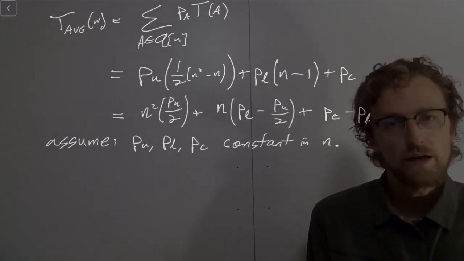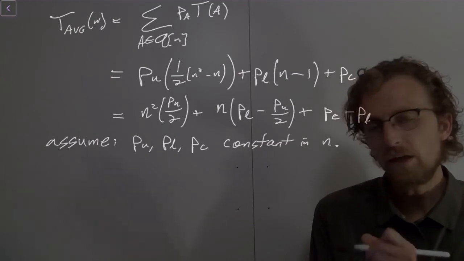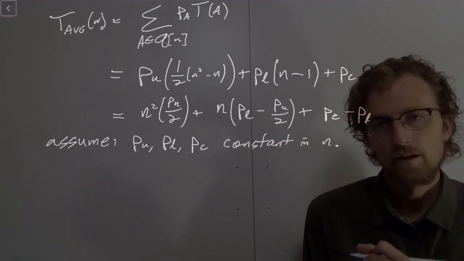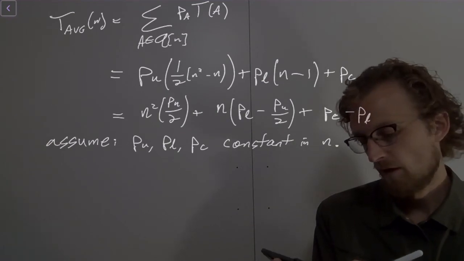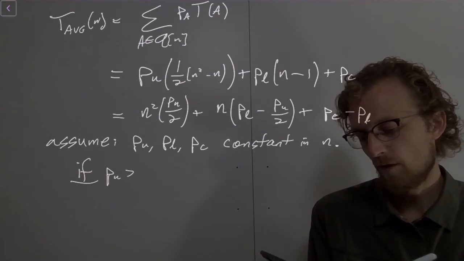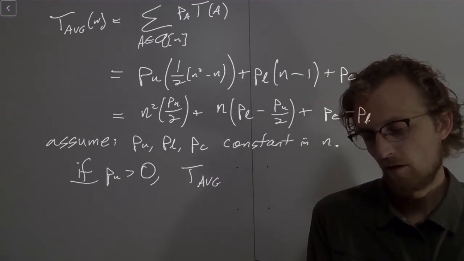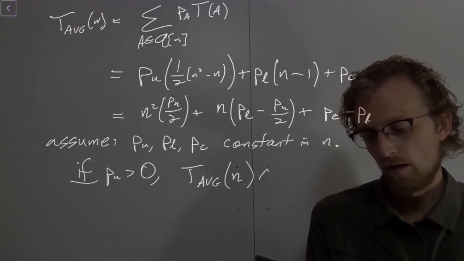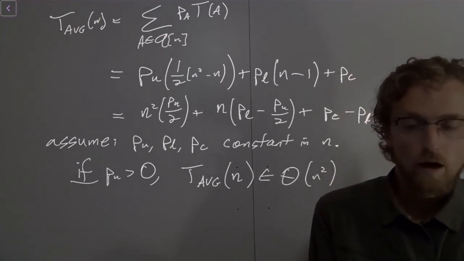Okay, so if I've made that assumption, then what do I get? Well, if PU is greater than 0, then the average case running time is quadratic. T average of n is big theta of n squared. Why is that?